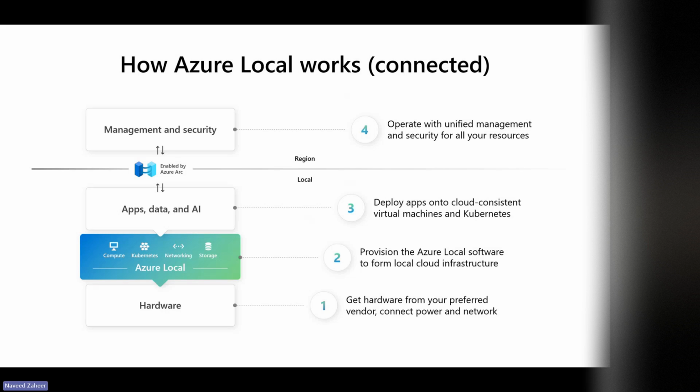And then you start deploying the applications, different sorts of VMs. You may have some container-based applications, all of that. And all of this is managed through Azure Arc. Okay, so that's tying it to the cloud and allows you to see them as first-class citizens.